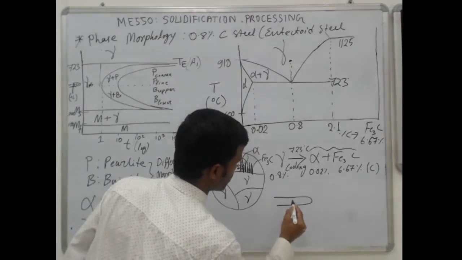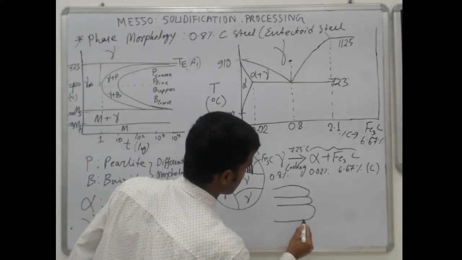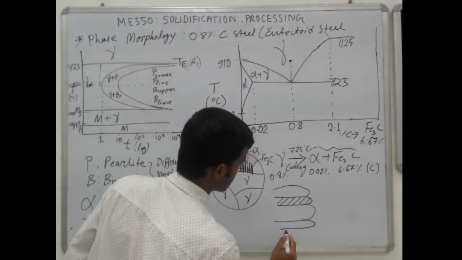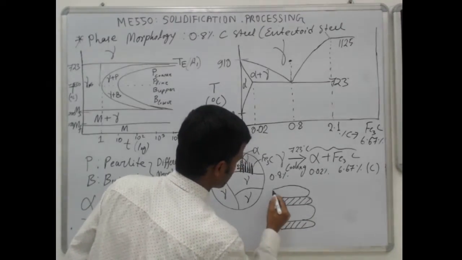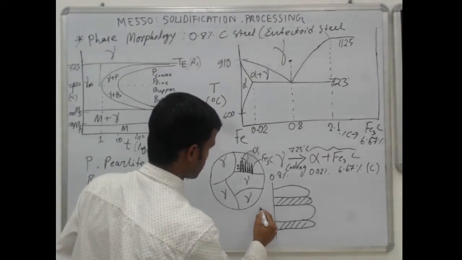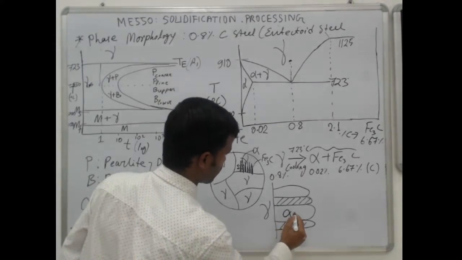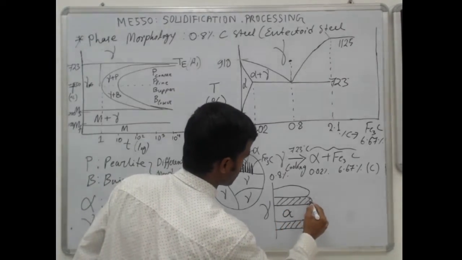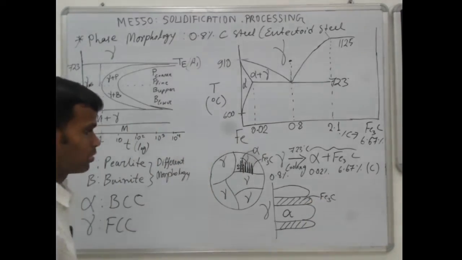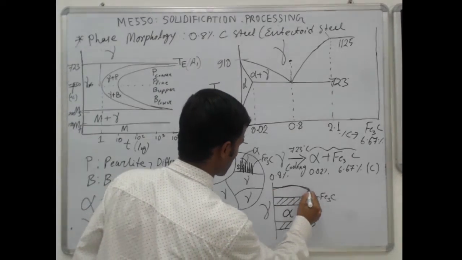So you have cementite, alpha ferrite, alpha ferrite, cementite. This cementite is the black region. This is the grain boundary. So you have austenite, here you have alpha, this is Fe3C. So the carbon percentage varies. This is what the structure actually looks like.